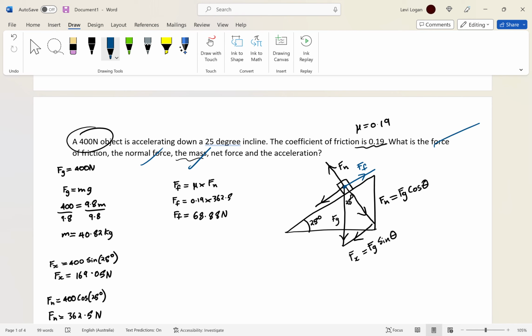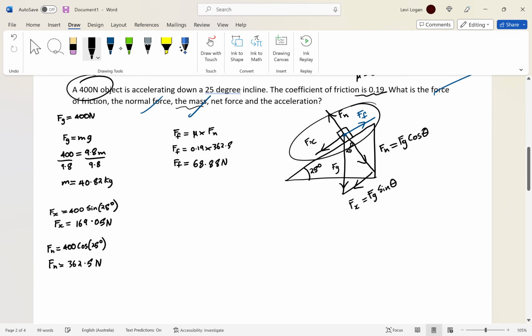Now the net force. What is the net force? When they say net force, they're talking about the force down the incline. Notice in our diagram here, we have a force going this way and a force going this way. So the net force is basically the net force down the incline.